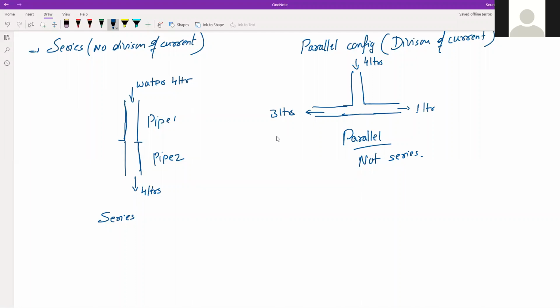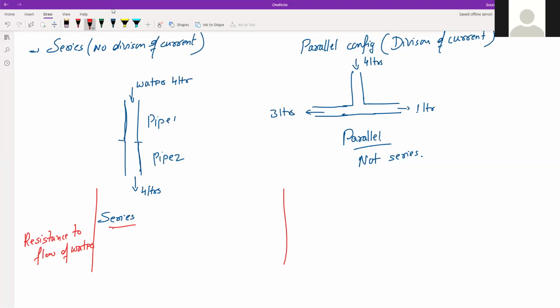Now, if I ask about the resistance to flow of water in these different cases, here obviously the path the water has to complete has increased, and every path has a resistance.